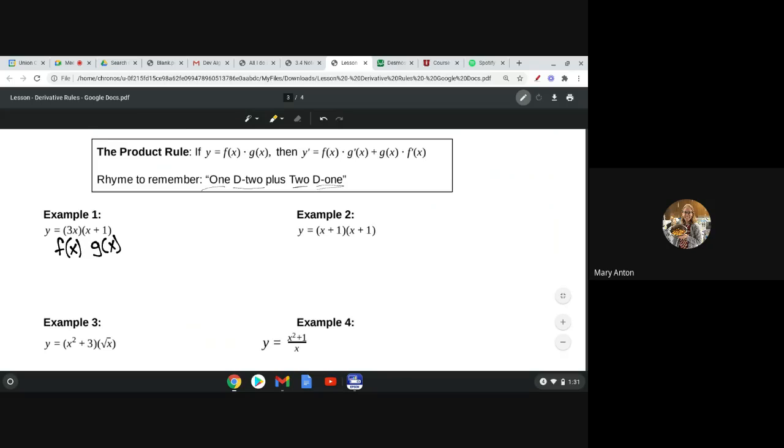X plus 1. So we have those functions now. And then we need the derivatives of each of those functions, and then we're good. So what's the derivative of f of x? And what's the derivative of g of x? 1. And that's all we need to find the derivative of the product of these two functions.